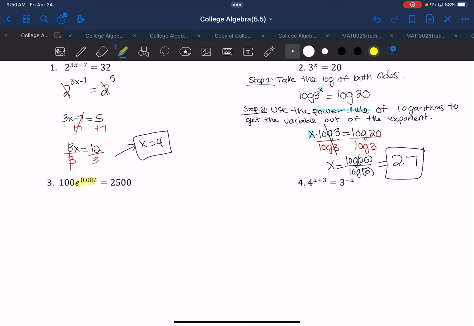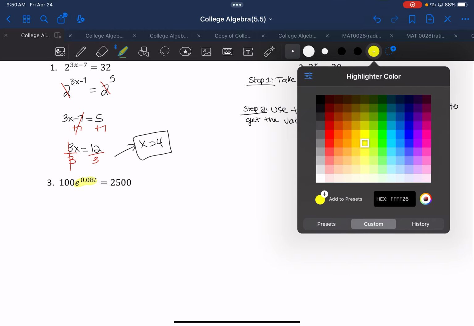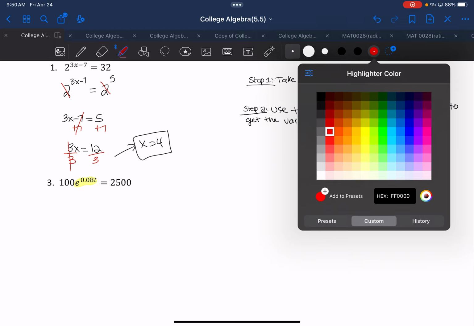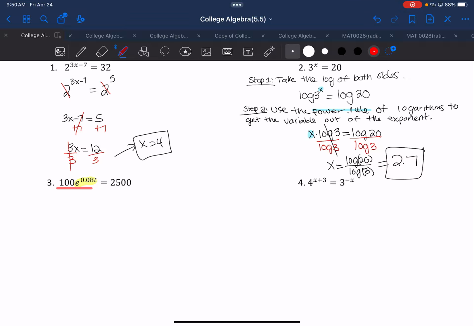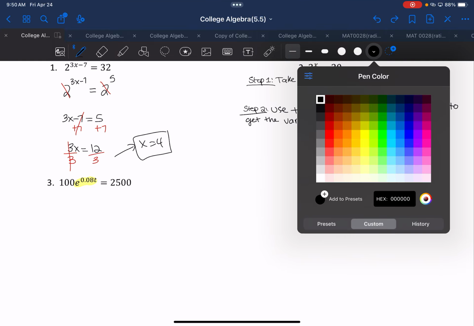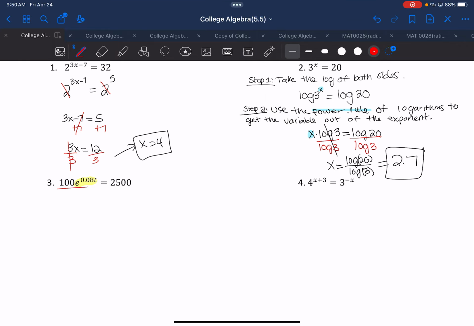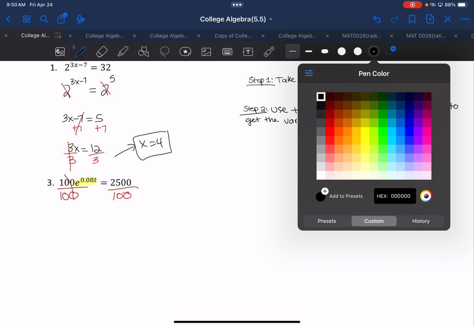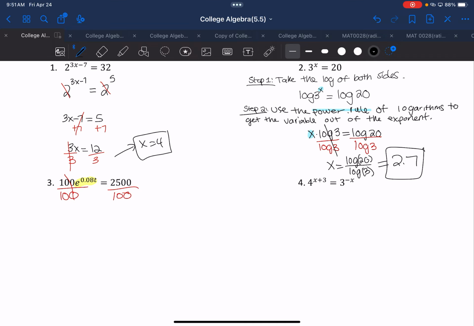So the first thing I'm going to do is divide both sides by that 100 to cancel it, because it's just being multiplied by the e to the 0.08 t power. So I can just divide and it'll cancel, but I need to divide it over here. So that will leave me with e to the 0.08 t is equal to 25.